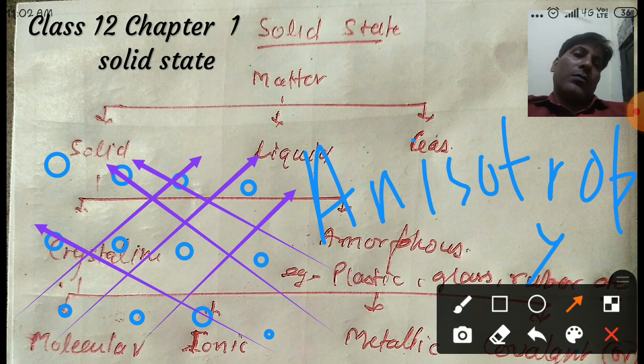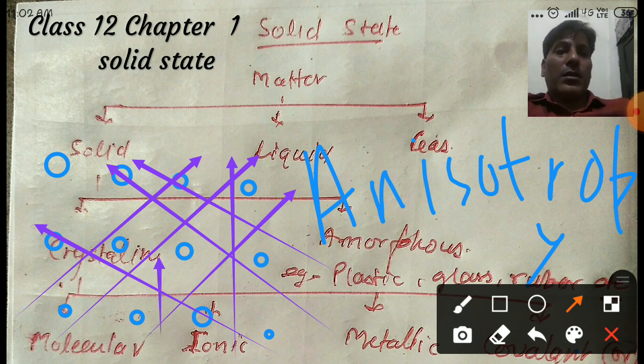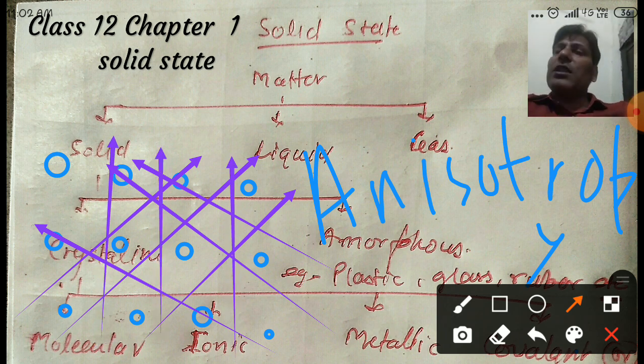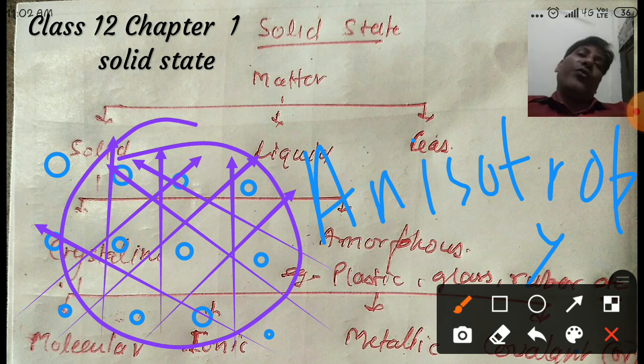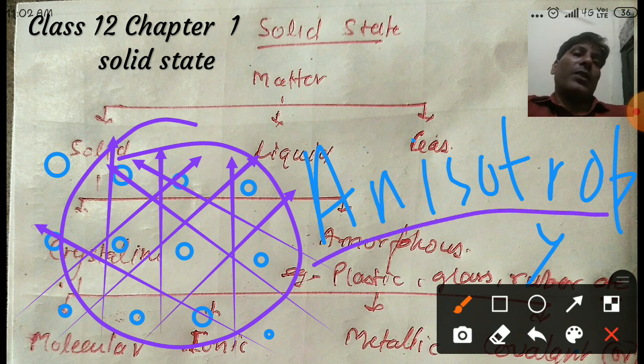Now if we change the direction in this way, in this way, in this way, there is no restriction. Means this property varies with different direction. This is called the anisotropic property of solid.